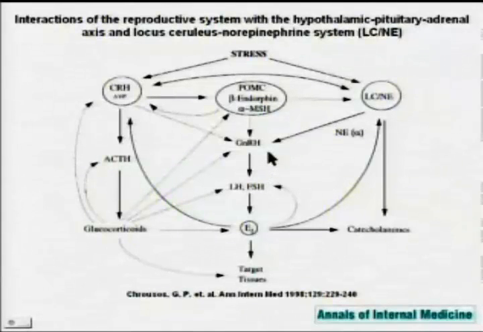So if you think of the two basic functions of an organism, survival and reproduction, you have the HPA and HPG axes to reduce it or minimize it as much as you could, I guess.